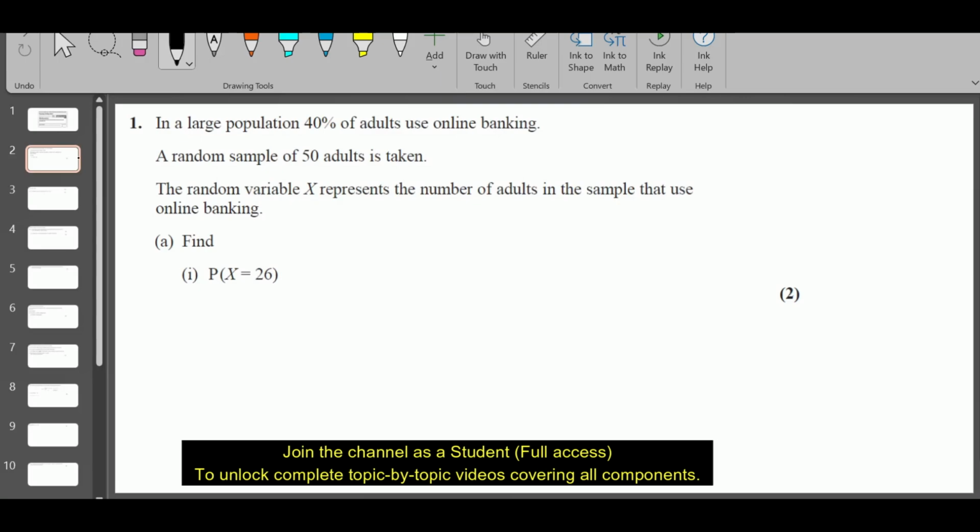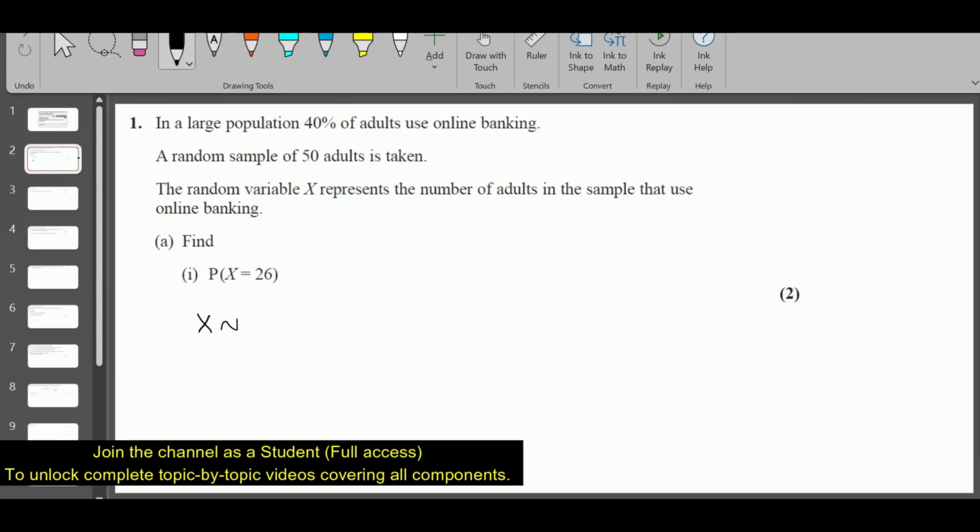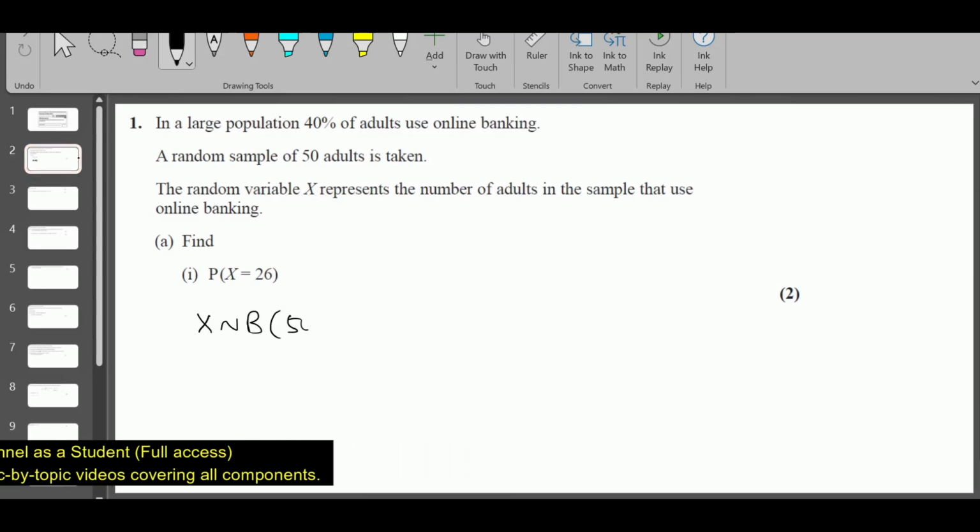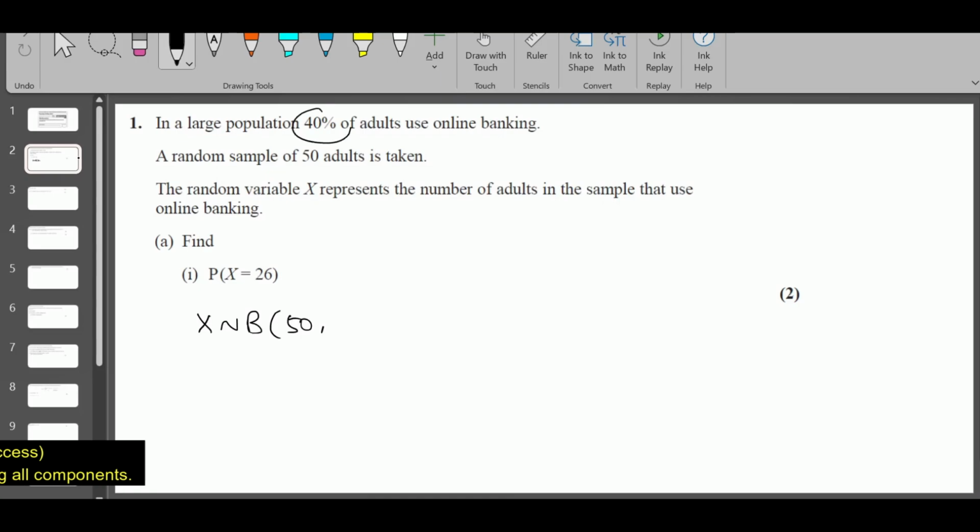Find this. So you can write X follows a binomial distribution with n is 50 and the probability of success 0.4.